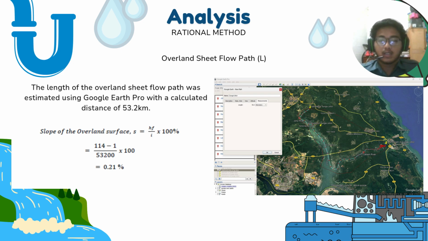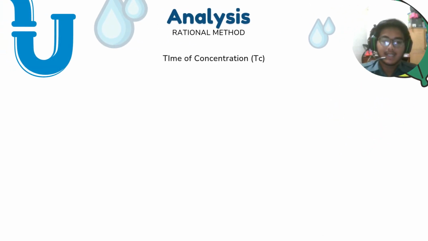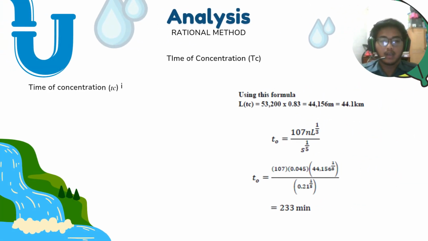To find the slope of the overland surface, we use the formula S equal to H over L multiplied by 100%, and we get 0.21%.